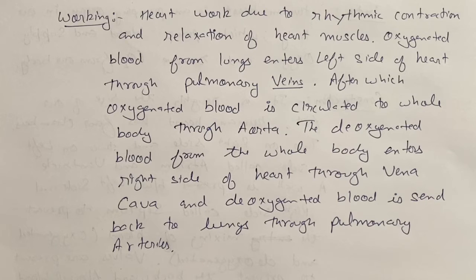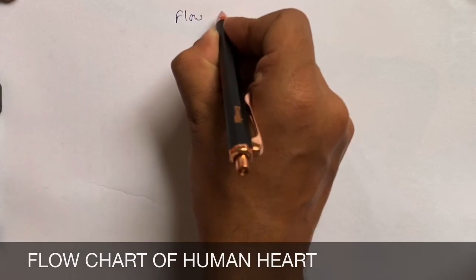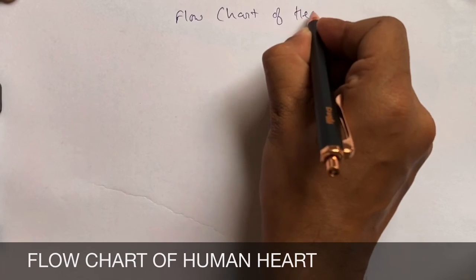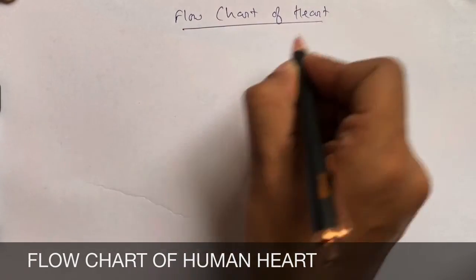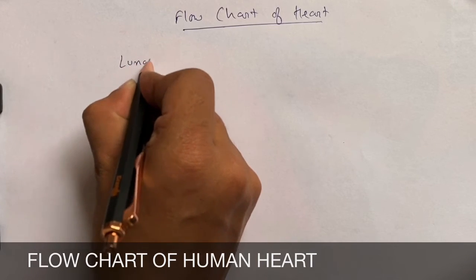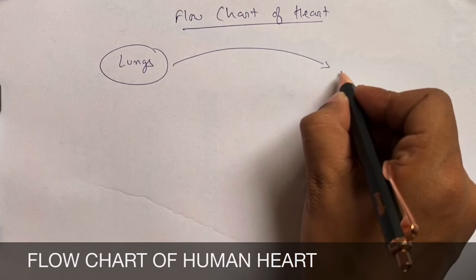Now we will make a flow chart for easy learning of blood flow pattern of human heart. Flow chart of heart. First is lungs, heart.